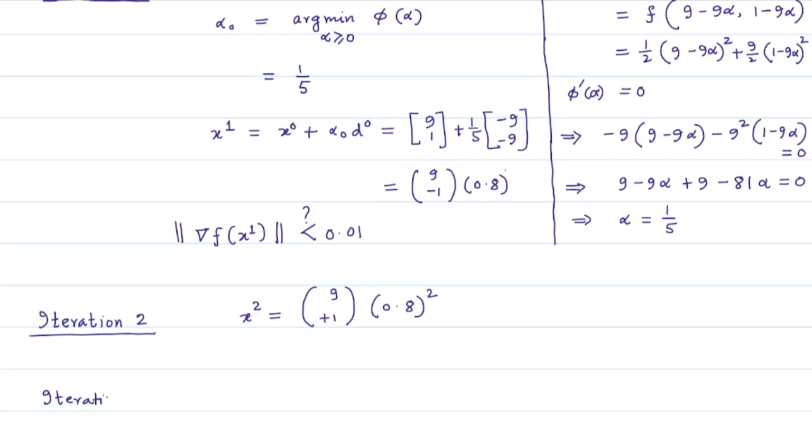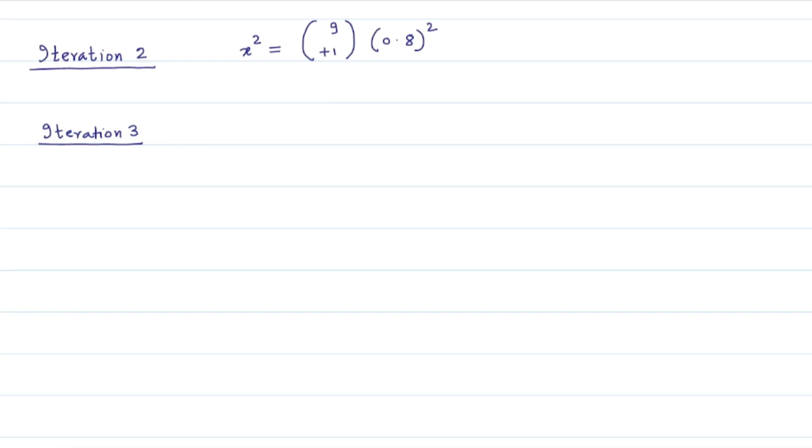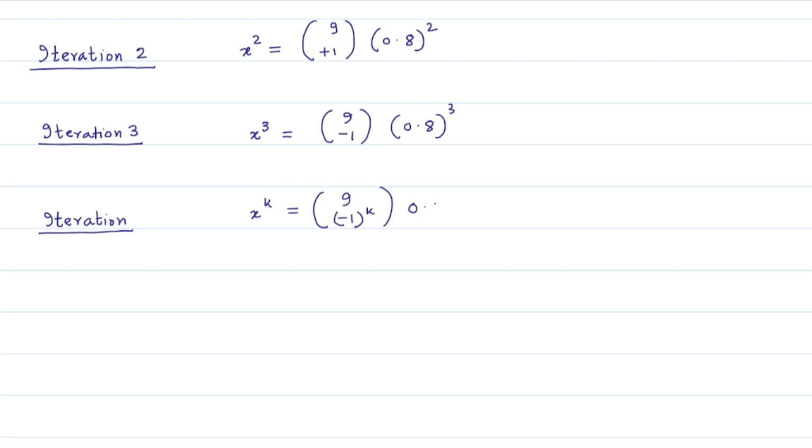Further, in iteration 3, please check that x3 is equal to 9 times (1, -1) times 0.8 cube, and in general we will find that at the kth iteration the iterative point xk is given by 9 times (1, -1) whole to the power k times 0.8 whole to the power k. You please cross check this formula for all values of k equal to 0, 1, 2 and so on.